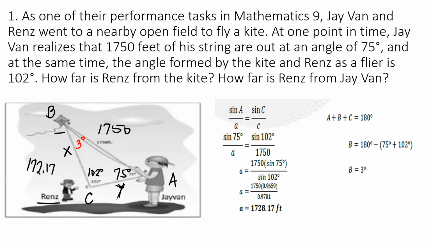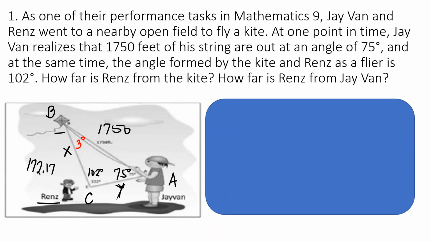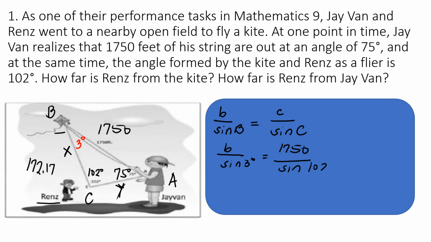Let's find now the other one, which is your side B. Let's use our law of sine again. We have B, the missing side, over sine B, is equal to our given, which is side C over sine C. So B is the unknown: b over sine 3 degrees is equal to 1,750 over sine 102 degrees.